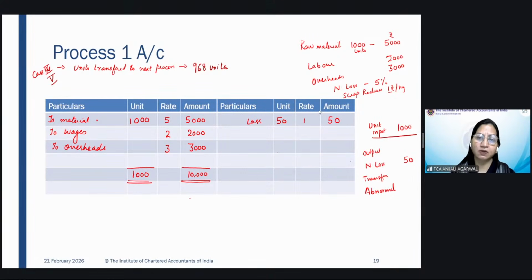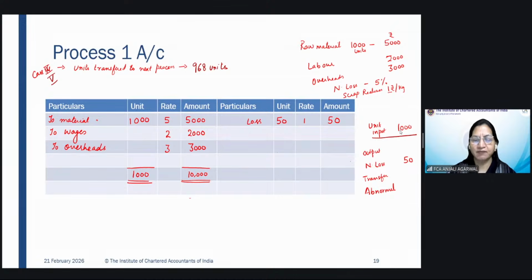Abnormal scrap is not given in the question. Abnormal scrap is the missing information from the statement of units. Rate of abnormal scrap will be exactly same as the rate of normal scrap unless specifically given a different rate.